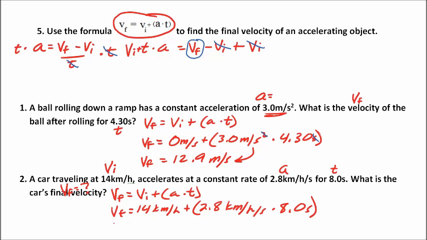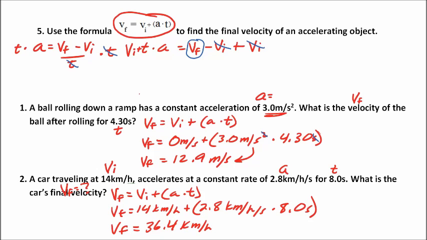And when we work this out, we multiply 2.8 times 8, find that answer, and then we add 14 kilometers per hour to it, and we get a final velocity of 36.4, and that's kilometers per hour.